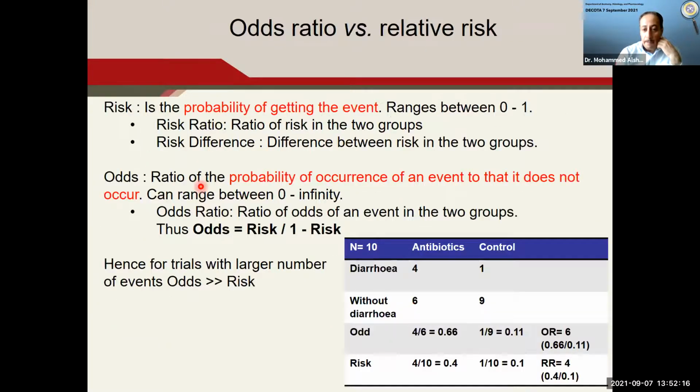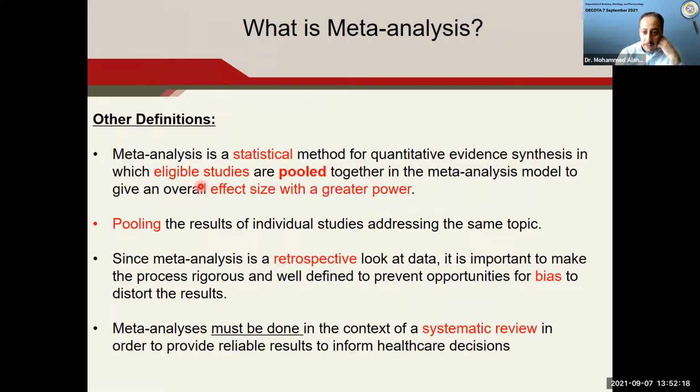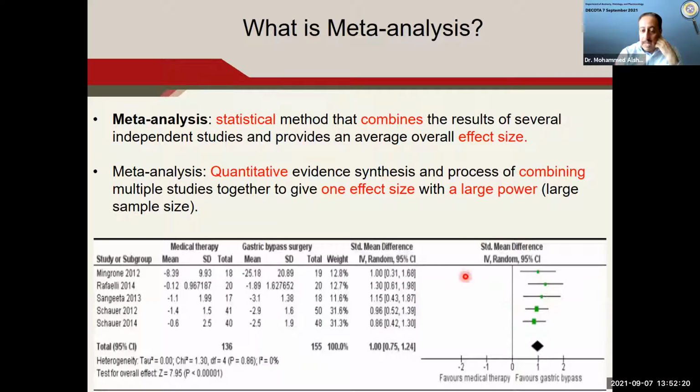If you look here, the result of this study comparing pharmacotherapy and gastric bypass favors gastric bypass. It's positive. But let's say if it's negative, does it mean it's a negative result? No, it doesn't matter here. It will just tell you that the effect size favors medical therapy rather than gastric bypass.